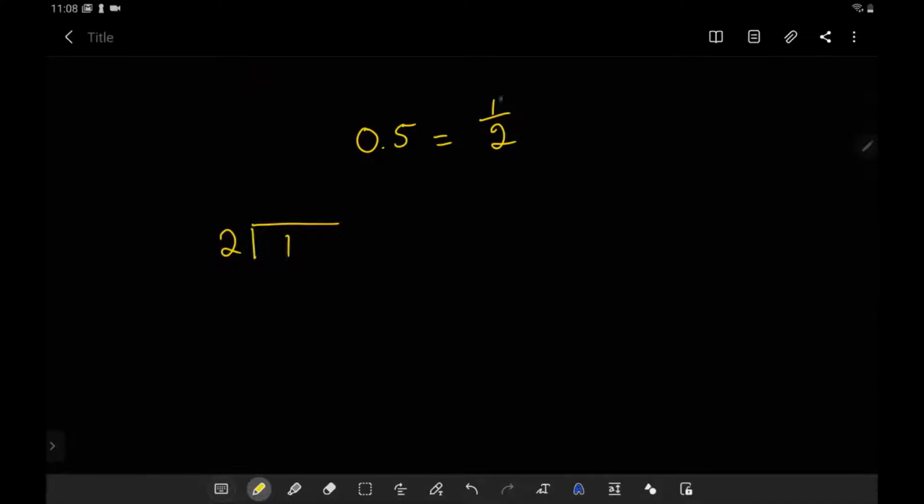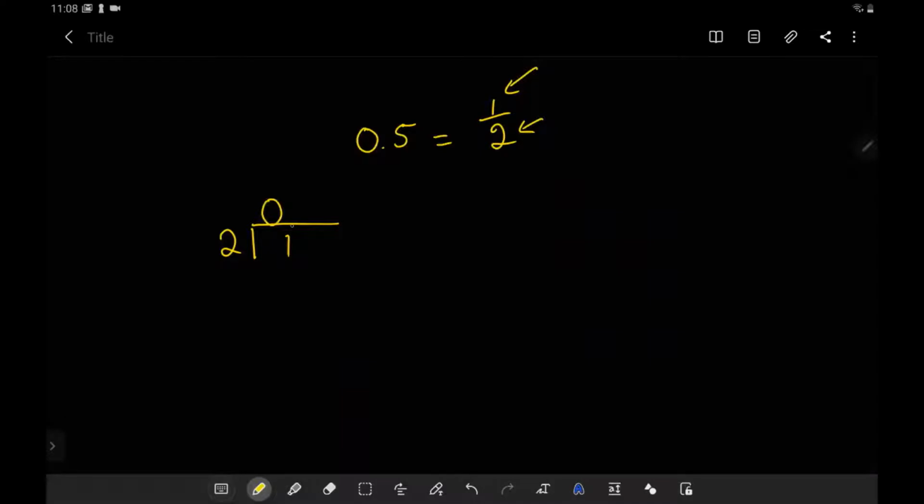So this is our divisor, which is 2, and this is our dividend, which is 1, and we ask how many times 2 goes into 1. 2 cannot go into 1, so we put a 0.